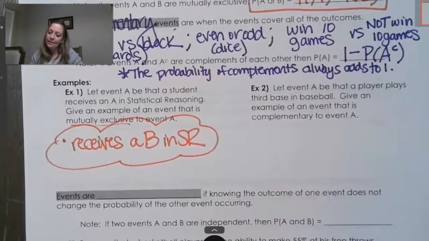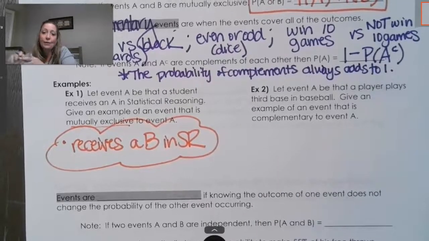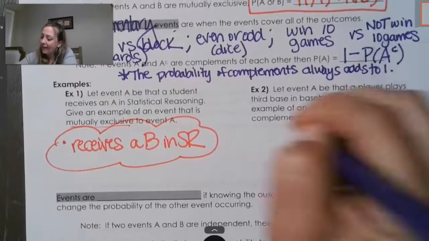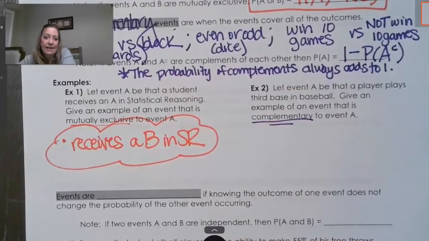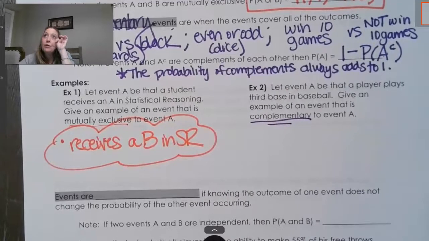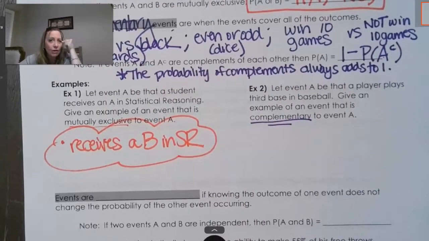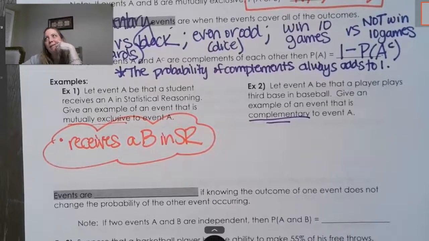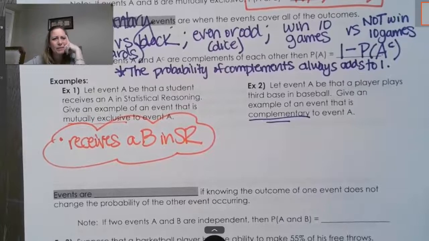Let event A be that a player plays third base in baseball. Give an example of an event that is complementary to event A. So complementary means that it doesn't overlap and it covers all the possibilities, but there's not a name for something that's not third base. You know what I mean?